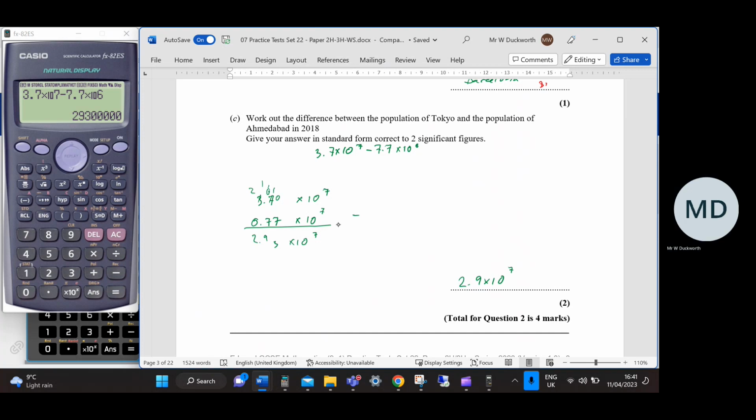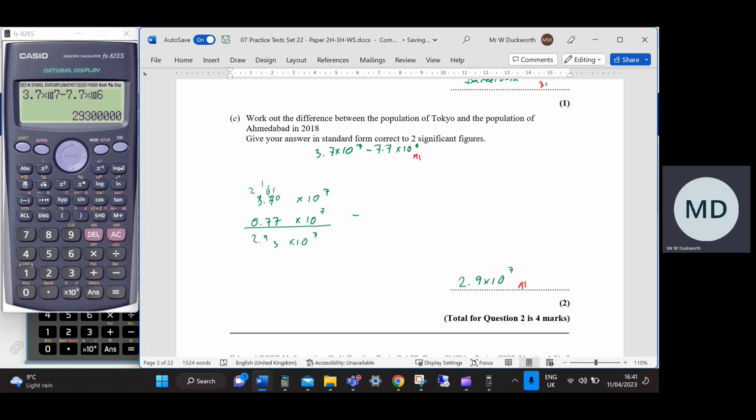But then it shows it as a method. That's the notes column that I'm disagreeing with. So I'm going to go M1. Actually, I'll put it, imagining I didn't do it without a calculator, M1, A1, the 2 marks.